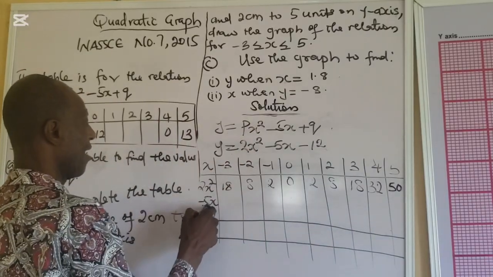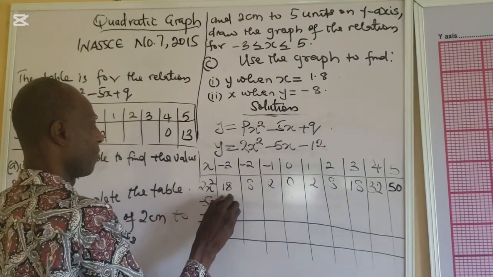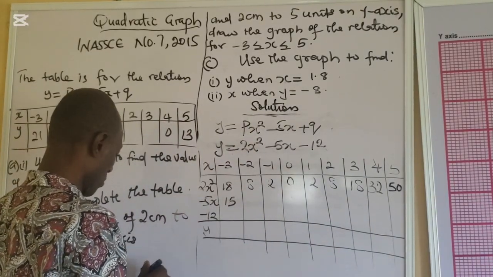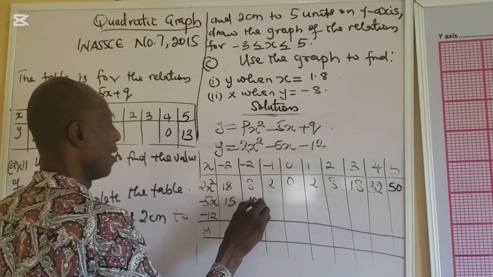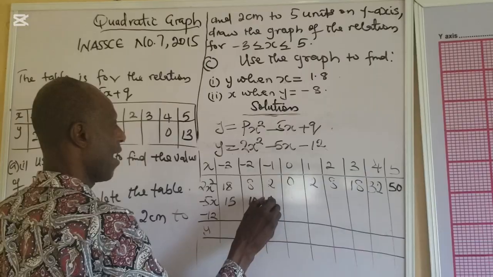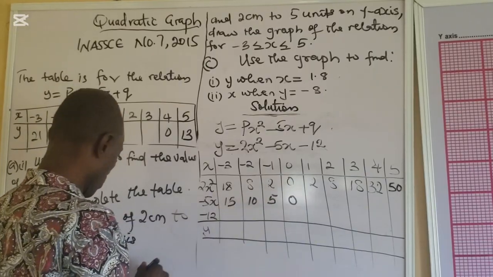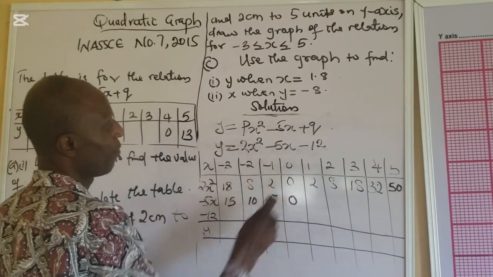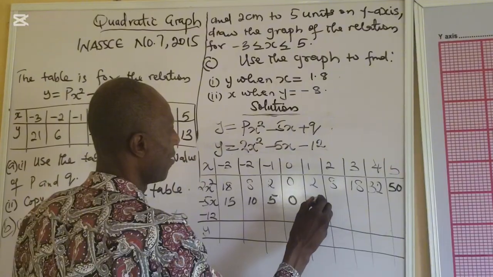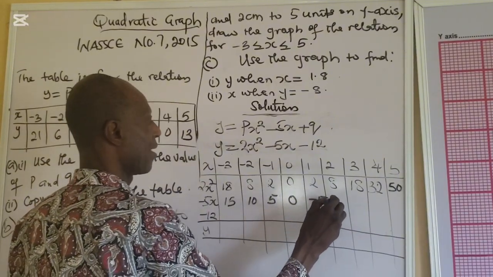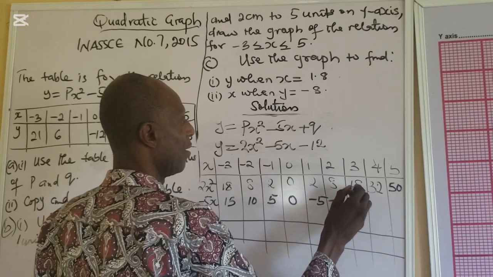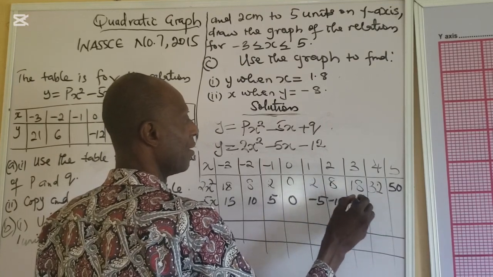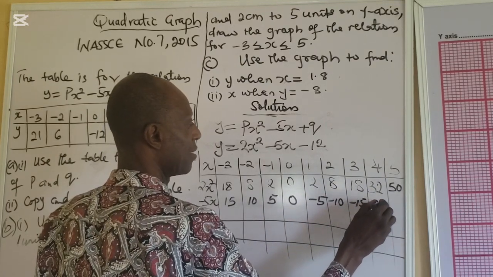Okay, minus 5 times minus 3 gives us 15, because minus times minus gives us plus. Then minus 5 times minus 2 gives us 10. Minus 5 times minus 1 gives us 5. Here gives us 0. Minus 5 times plus 1 gives us minus 5. Minus 5 times 2 gives us minus 10. Minus 5 times 3 gives us minus 15. Minus 5 times 4 gives us minus 20.